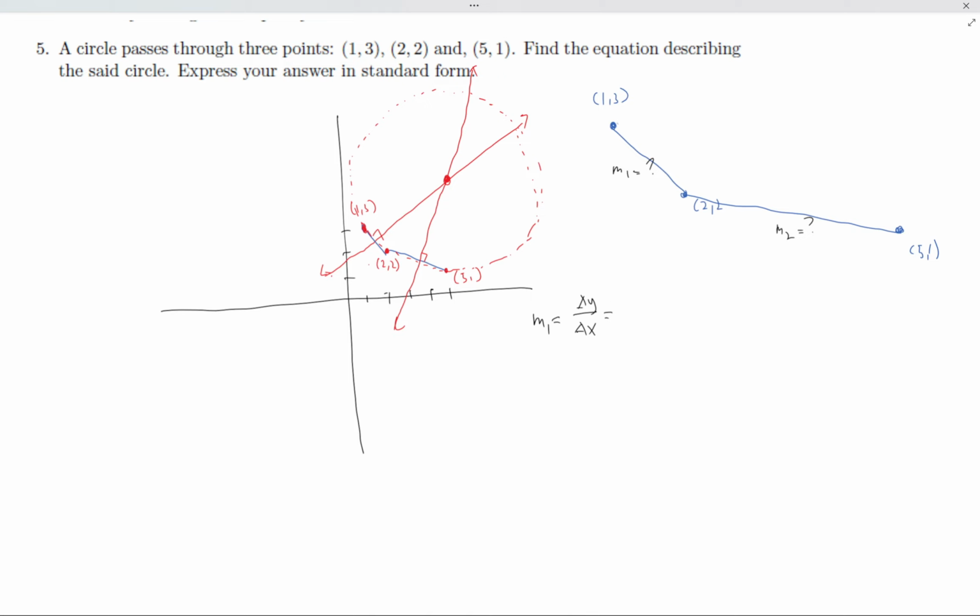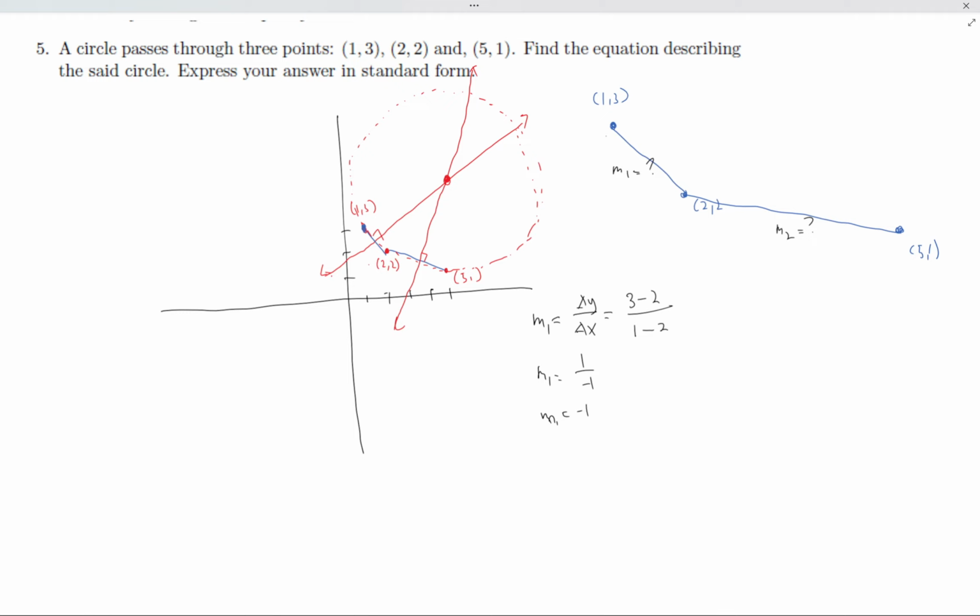So in this case, consider (1, 3) as the first point and (2, 2) as the second point. Therefore, delta y will be 3 minus 2, and change in x will be 1 minus 2. So m1 is equal to 3 minus 2, that is 1, over 1 minus 2, which is negative 1. Therefore, m1 is negative 1.